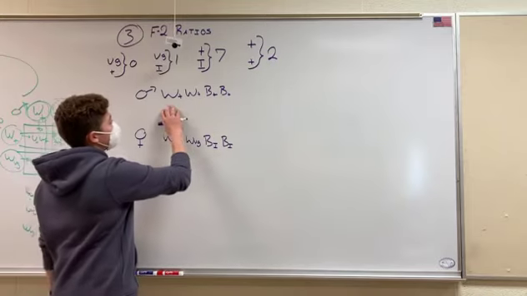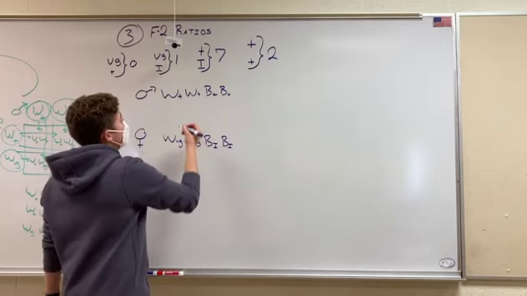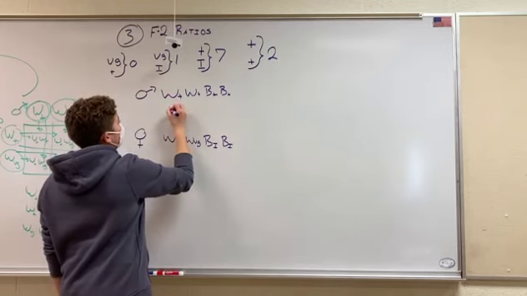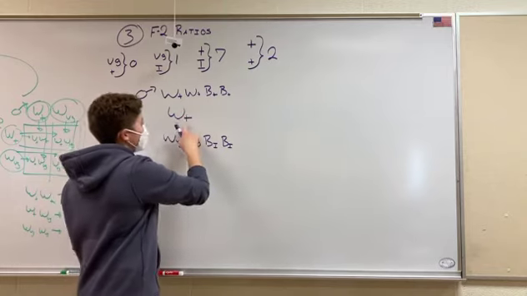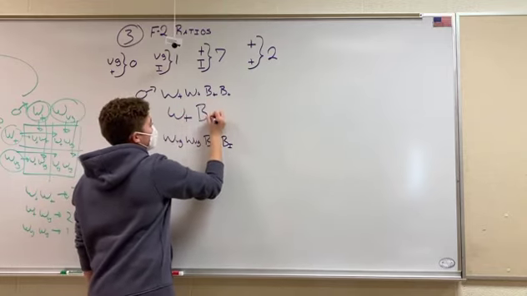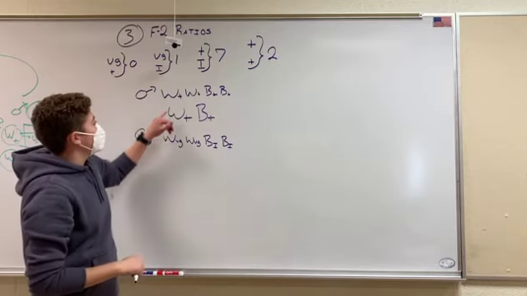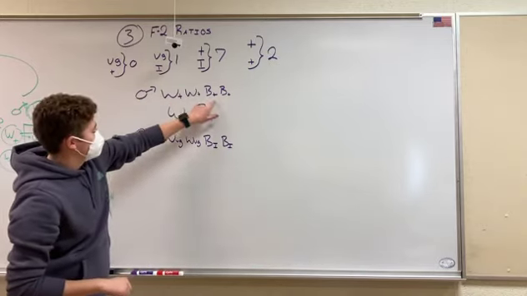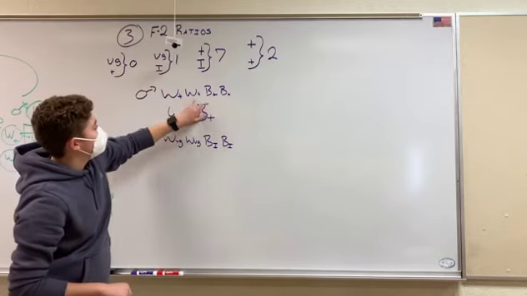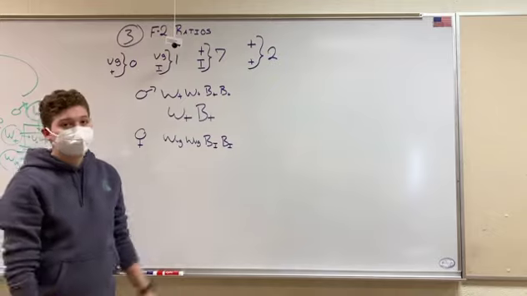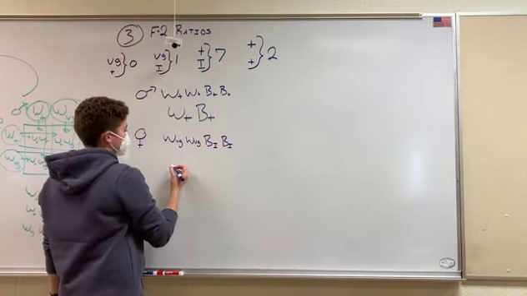So, since we know that these are homozygous for these traits, we can look at this and determine that it is going to be wings wild type, body wild type. That's all you're going to get from it. Wings, so wild type, outer, wild type, inner, and last. They're all going to be the same.